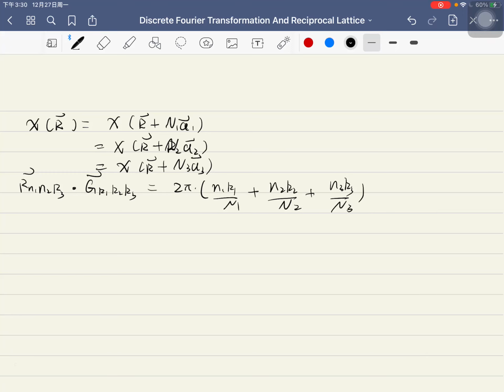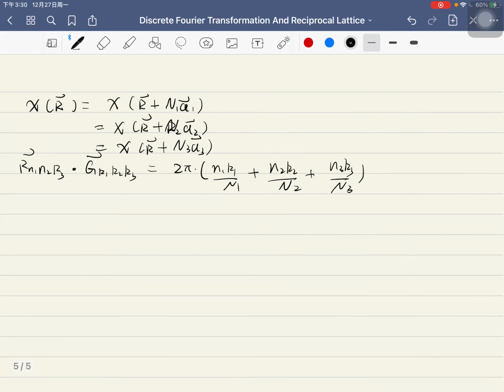And we just write them in the Cartesian coordinates.